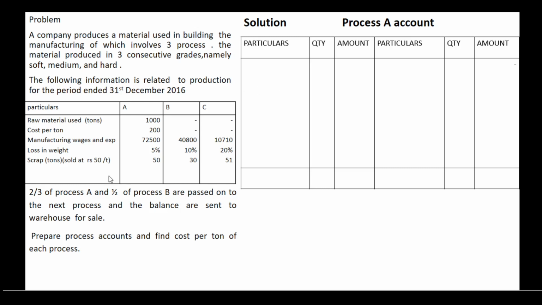Here the raw materials used are 1000 tons and the cost per ton is 200. So first we enter the raw materials on the debit side. The quantity is 1000 tons, entered in the quantity column. The cost per ton is 200 rupees.